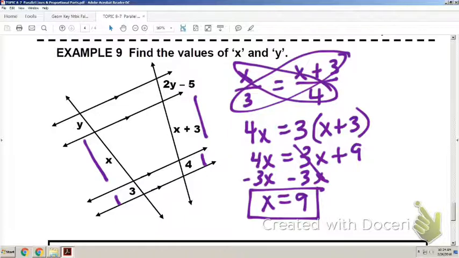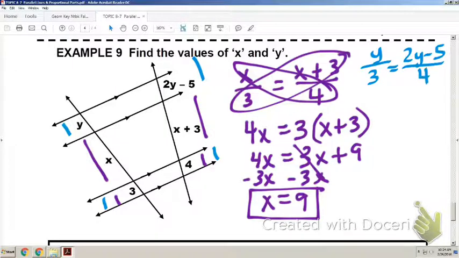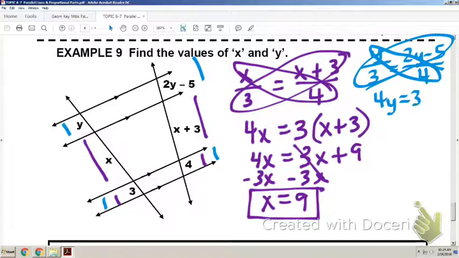For y, I'll do the same thing. I'll take y and I'll put it over 3, and then I'll do 2y minus 5 over 4. So I have y over 3 equals 2y minus 5 over 4. Cross multiply, 4y equals, make sure you distribute, 3 times 2y minus 5. So 4y equals 6y minus 15.